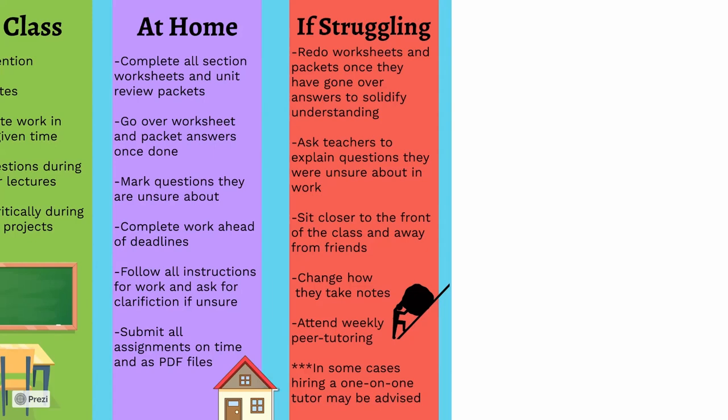Number three, sitting closer to the front of the class and away from friends is something that often helps our struggling students. We do treat students in our magnet school as the young adults that they are, and so we try to avoid forcing sitting. Now, if a student is really struggling and we see that this is happening, we will suggest that they move.